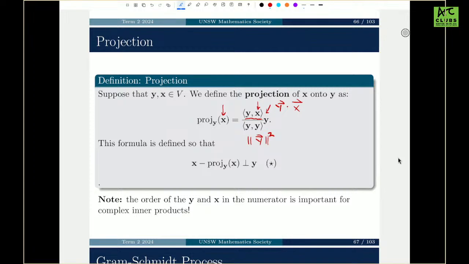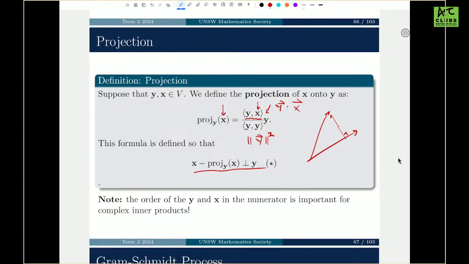So we get this nice property: x minus the projection of x onto y is perpendicular to y. I'll just draw a little diagram to illustrate this.